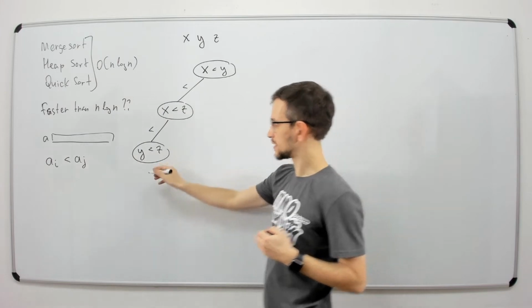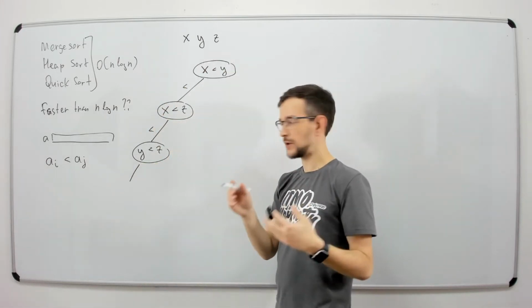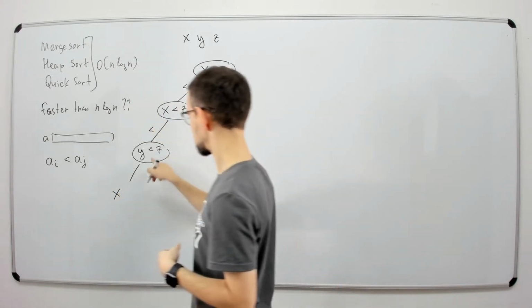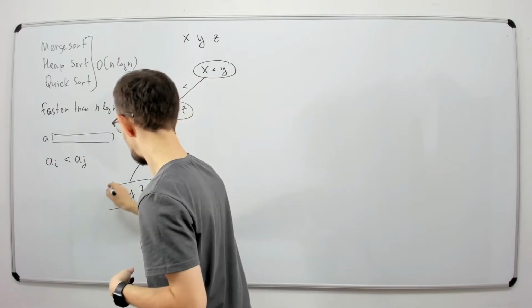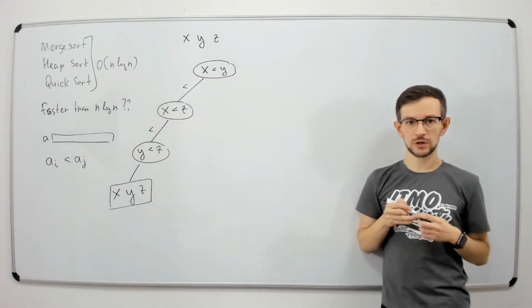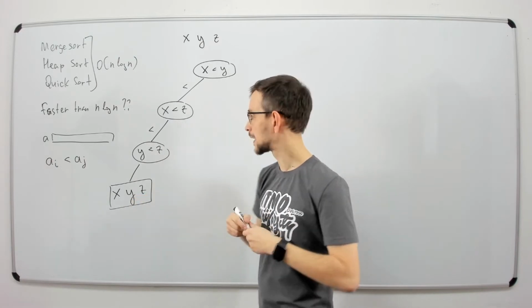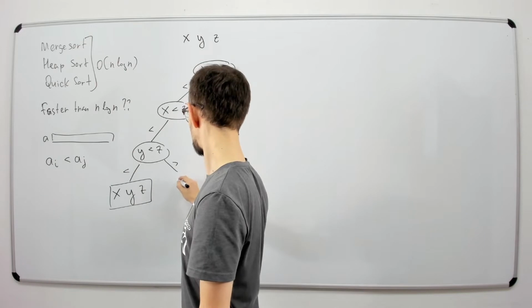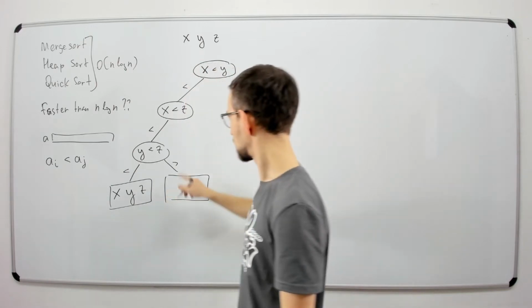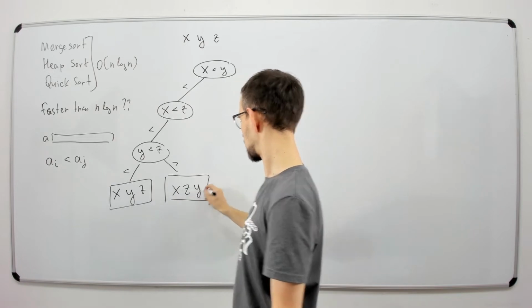If y is less than z, then we know that the minimal element is x, the next element is y, and the next element is z. So we output this sequence of elements. This sequence is in sorted order. If y is greater than z, then x is the minimal element, then z, and then y.